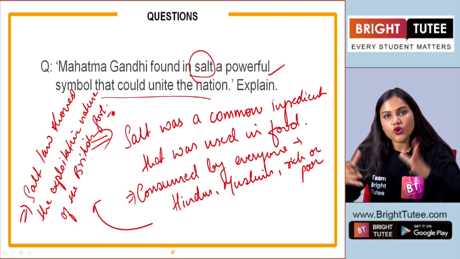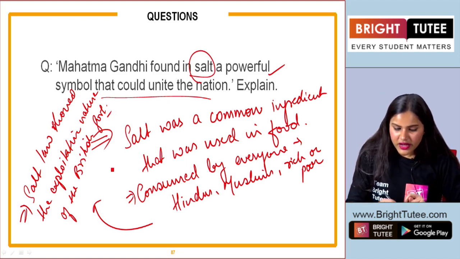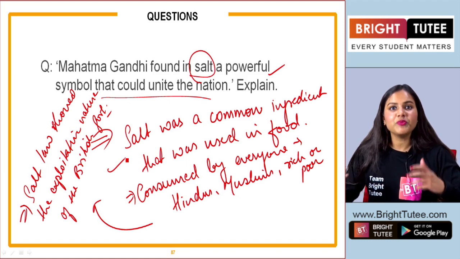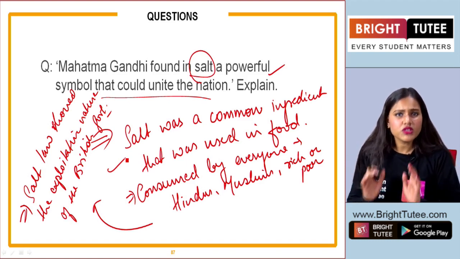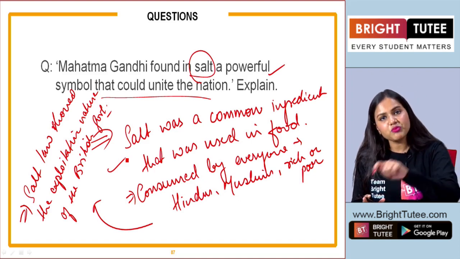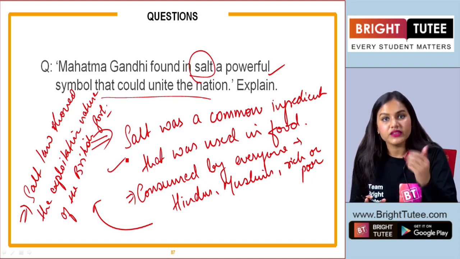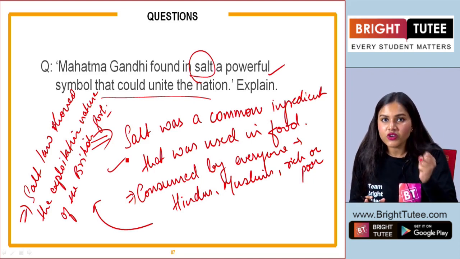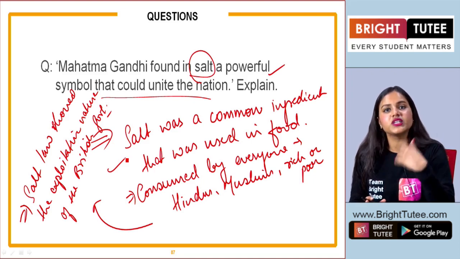And that could connect all the people who are consuming salt because they had to pay heavy taxes, heavy dues on salt, right? They could not manufacture salt on their own because the British government had the monopoly. Monopoly means that the sole right was in the hands of the British government.